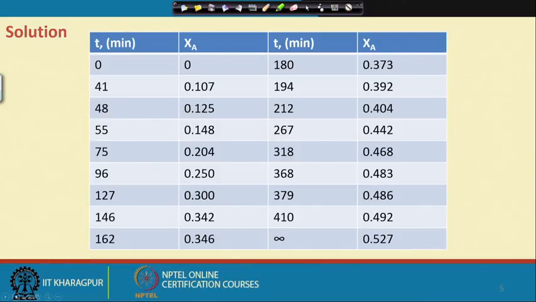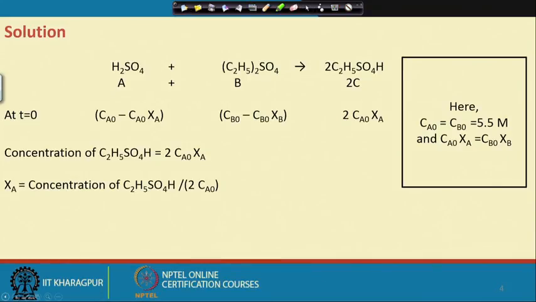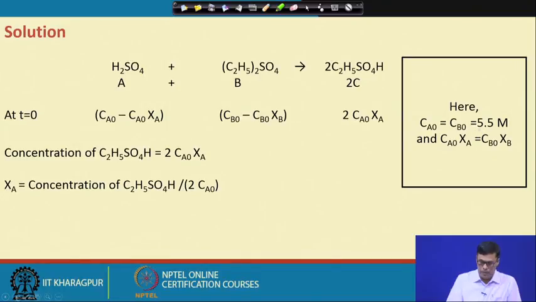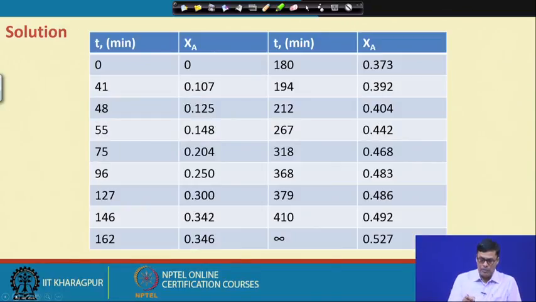From this we can write this expression. If we have the concentration divided by 2 Ca0, and the Ca0 value is 5.5, given here, we can find the value of Xa with respect to time from the table.